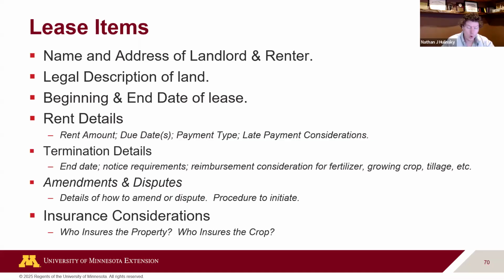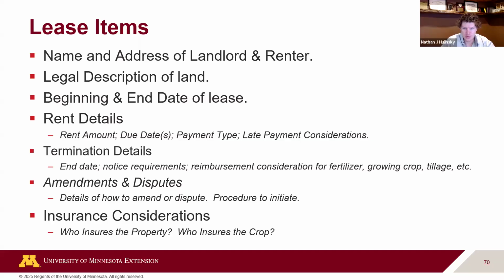Termination details. What's the end date? Right? Is it September 1st? December 1st is the end of the year, or the December 31st is the end of the year. What's the end date? Is it after growing season 2025, 2026? What about notice requirements? How soon do you as a landowner need to tell the farmer that they don't get that field in the spring?